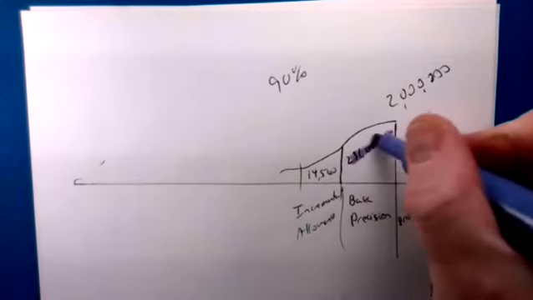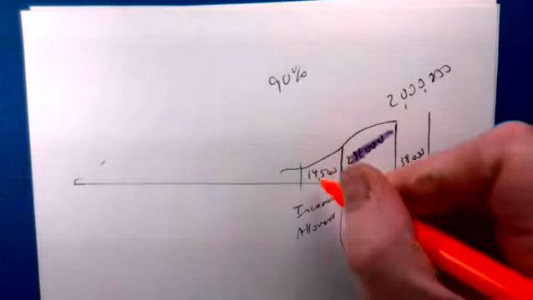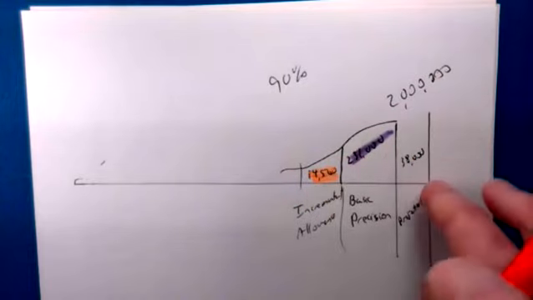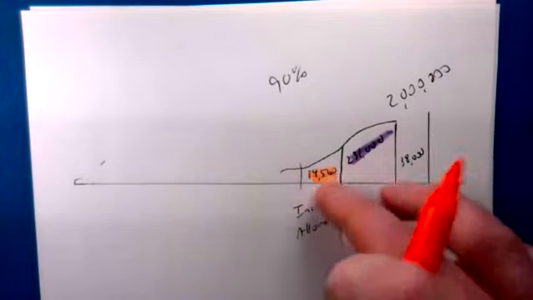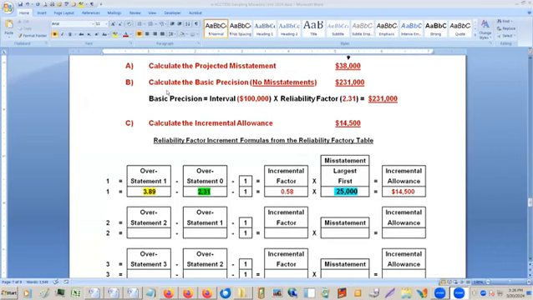Basic precision is that, so you can't read it. 231,000, and then it could also be off by 40. So we're going to add all of these up because this is the total amount that it could be off by. 38 plus that will tell us the total. That's the upper limit. And I'm going to get all these.